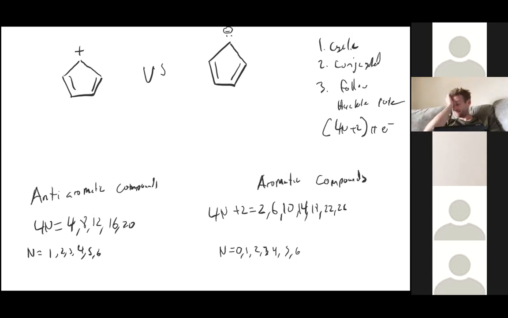So taking a look at this top example here, we have 2 double bonds, and each double bond is going to correspond to 2 electrons.